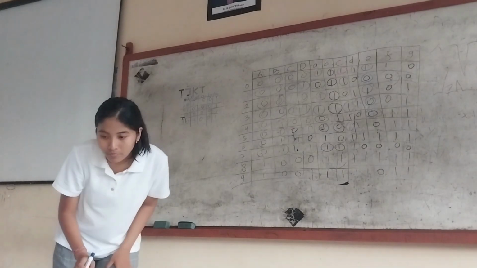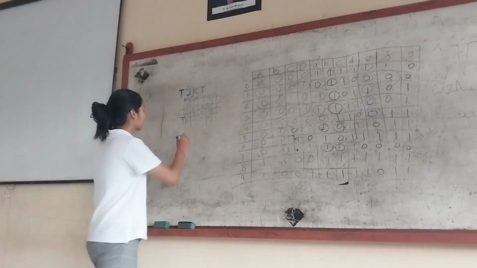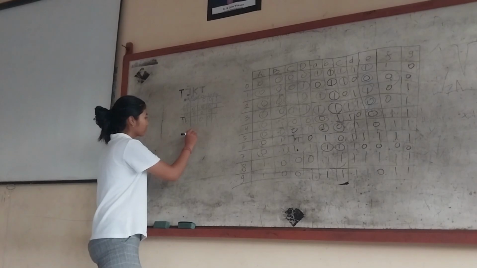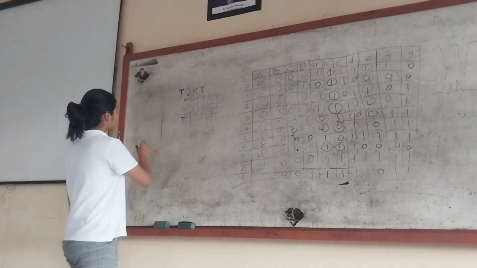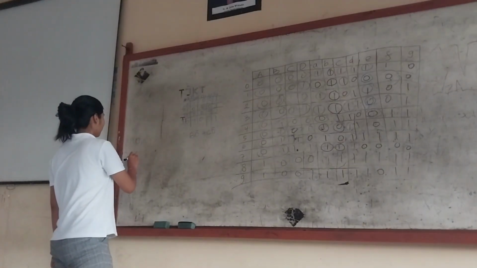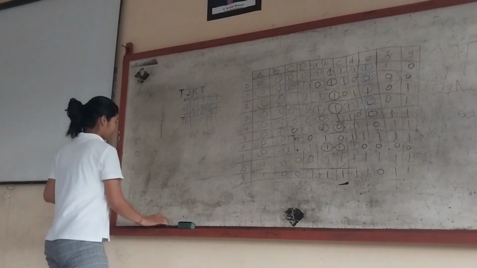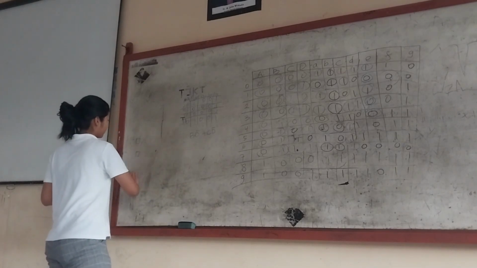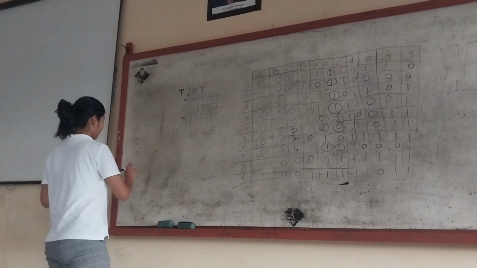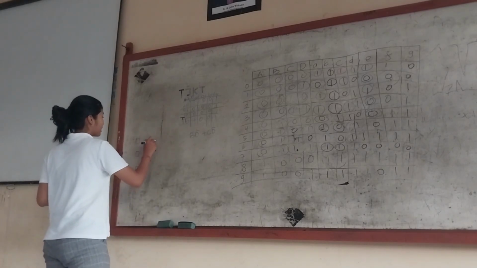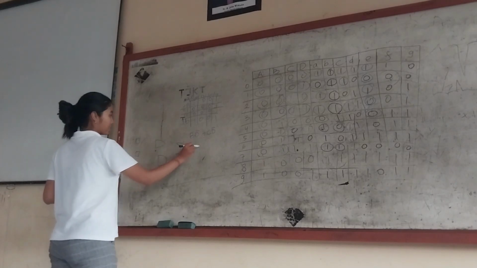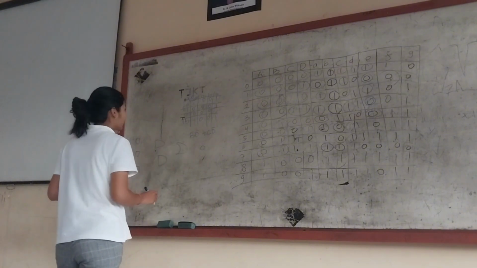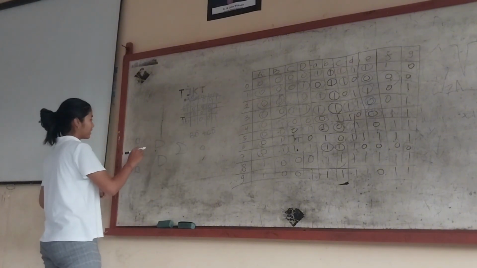So we need 3 variables and 2 AND gates, 1 OR gate, and the output here. So the inverted and the inverted.